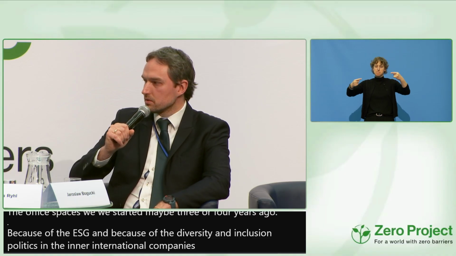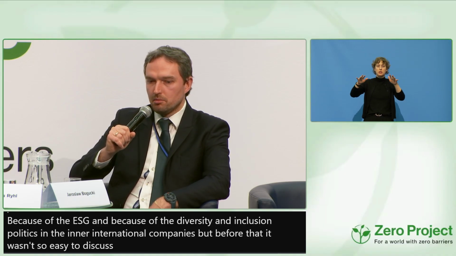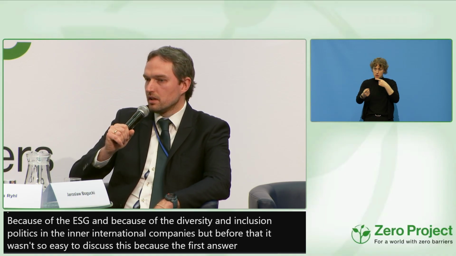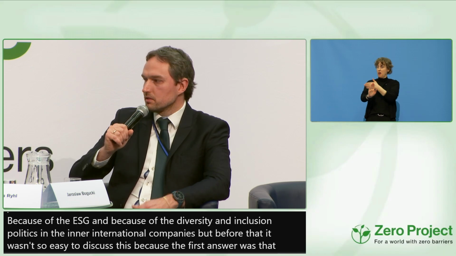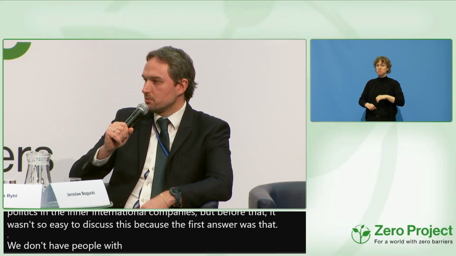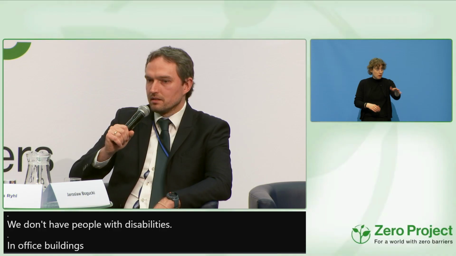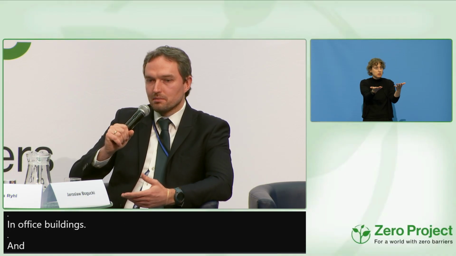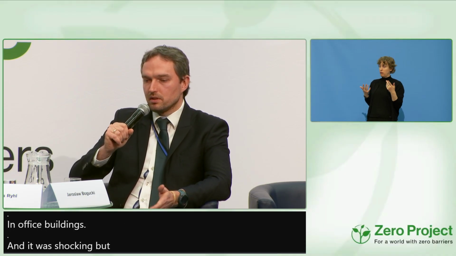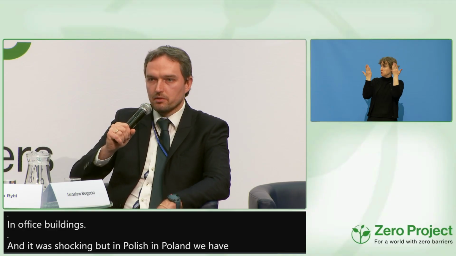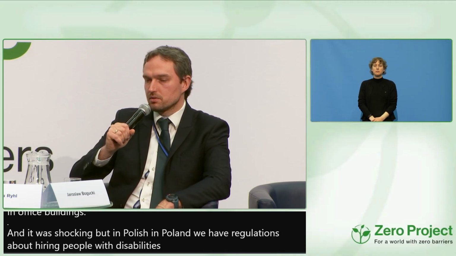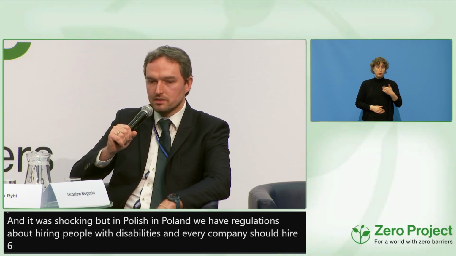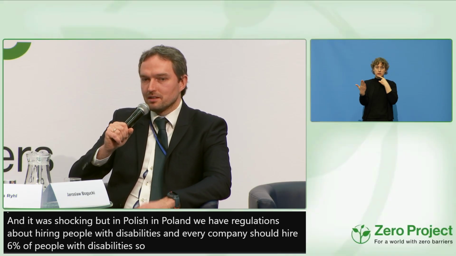Before that, it wasn't so easy to discuss, because the first answer was that we don't have people with disabilities in office buildings. It was shocking, because in Poland we have regulations about hiring people with disabilities, and every company should hire 6% of people with disabilities. So our answer was, no.